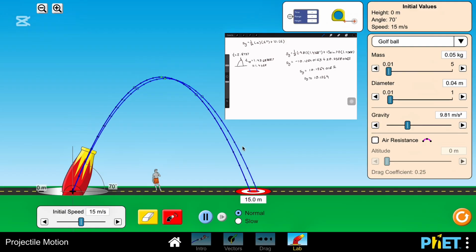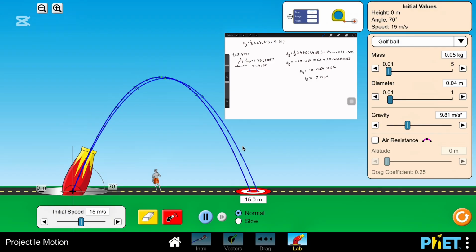That means sy is minus 10.1264016 plus 20.2528, so sy is approximately 10.1264.